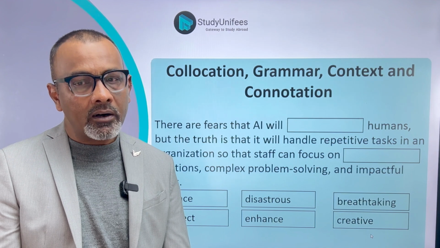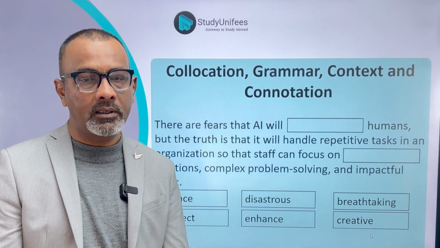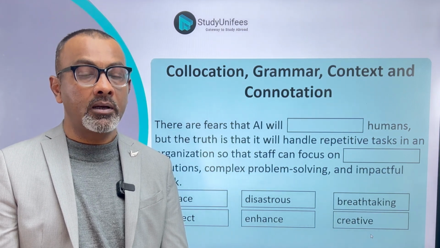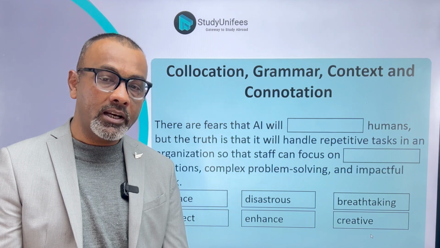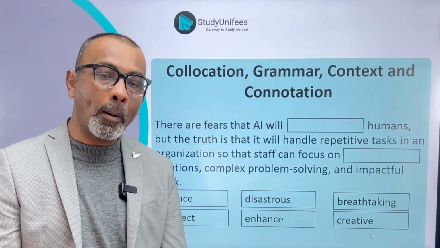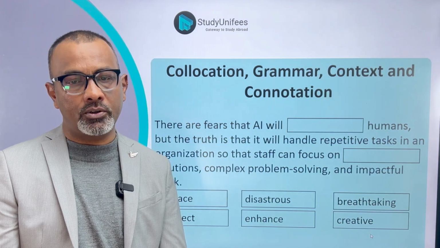Here, the paragraph takes a shift when it uses the connector but. This means that the second clause will be positive, because the first clause is negative: fears that AI will replace humans. This is how but works. Now, let's look at the context of the second clause.